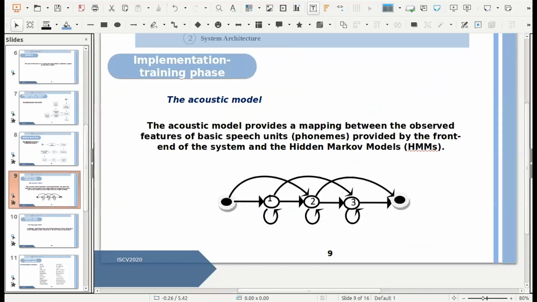The main goal of the acoustic model is to compute the likelihood of the observed feature vector given language units such as phonemes or triphones, using a statistical method known as hidden Markov model, HMM, with mixture model distribution. As you see, this figure represents each phoneme or triphone.